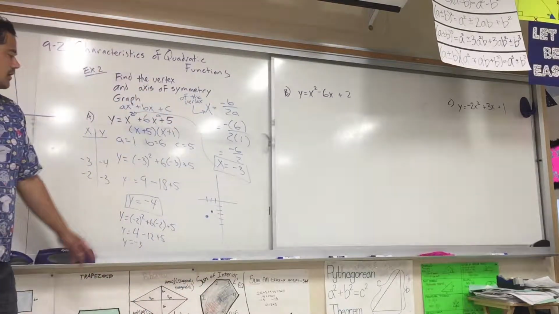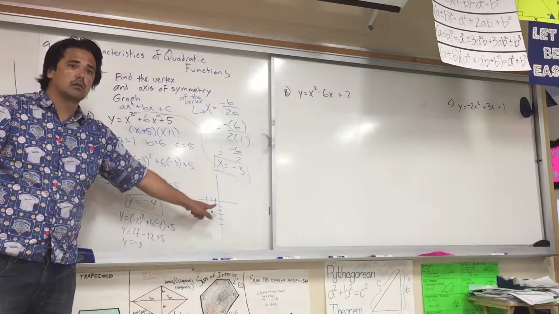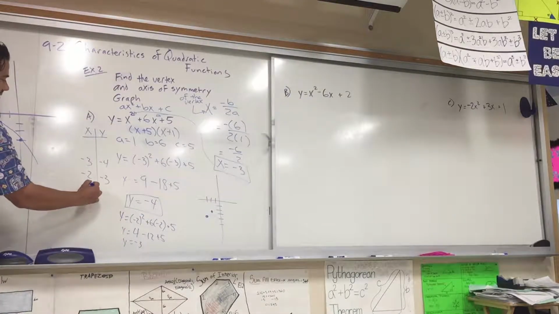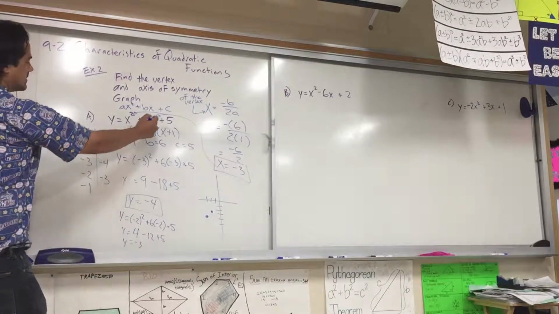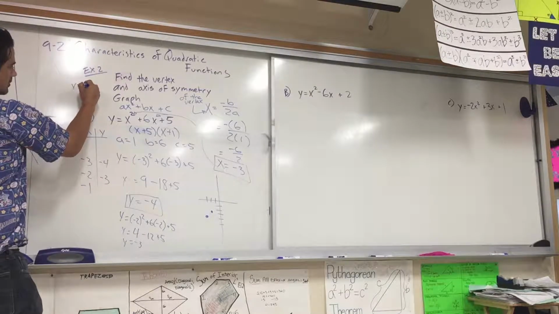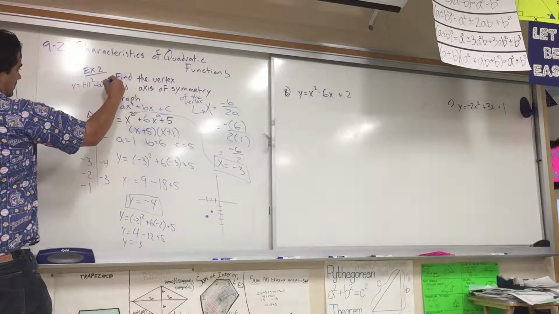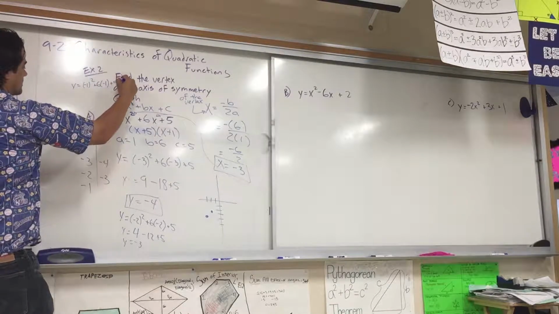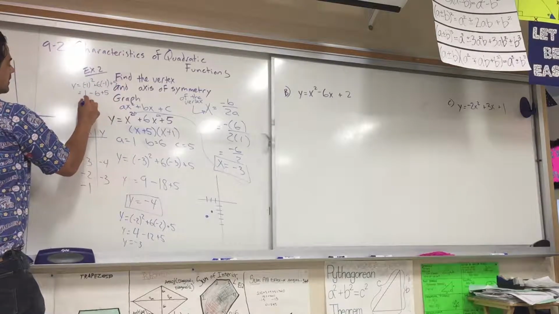Okay. Could I get another point? Yeah. You do the same thing. Could we do the same thing with x is -1? Okay, so I'm going to enter it in. It's going to give me 1 minus 6 plus 5, which is going to give me 0.